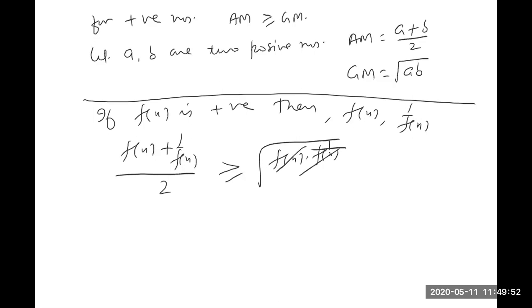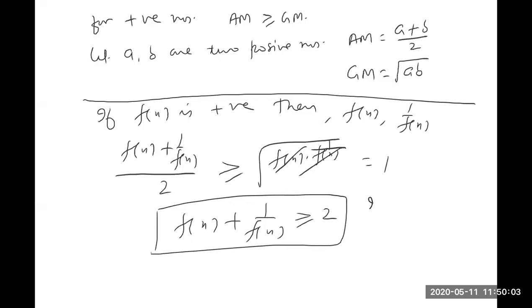So they will cancel out. That means f(x) plus 1 upon f(x) is always greater than or equal to 2, provided f(x) is greater than 0. This is the concept behind this AMGM property. A function f(x) and its reciprocal 1 upon f(x): the sum of them will always be greater than or equal to 2 if they are positive.